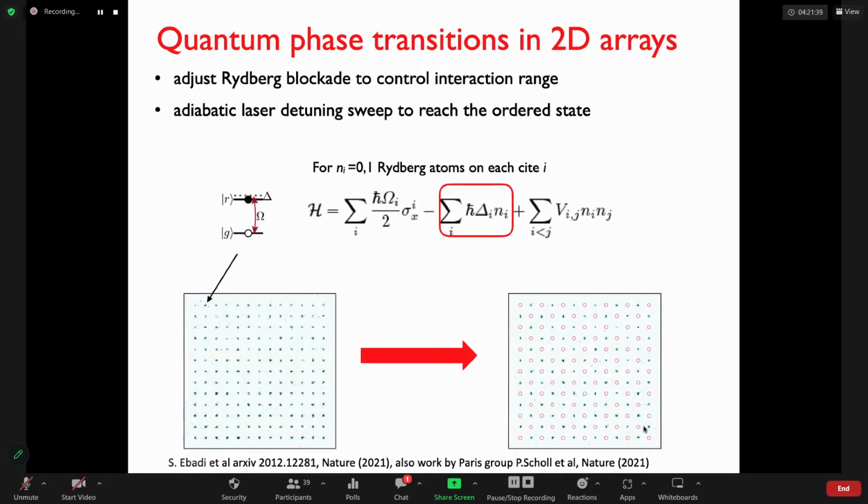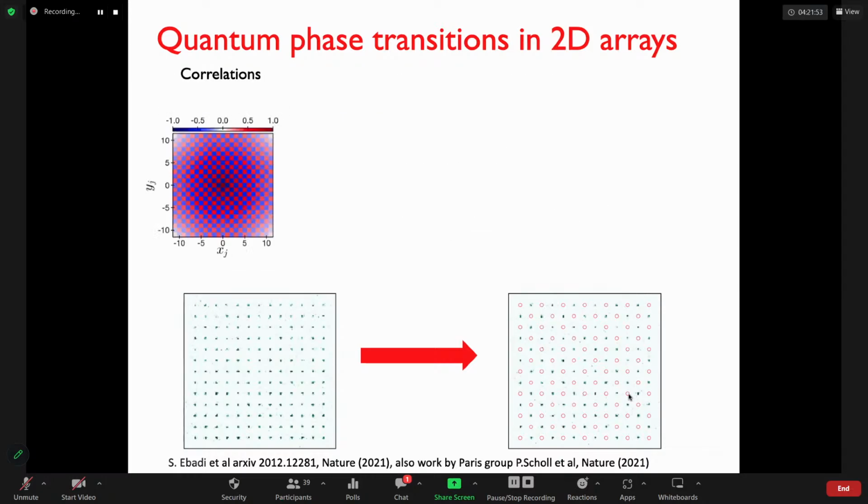Admittedly, if we repeated the experiment many times, not on every shot we see a picture like this. Often we see some kind of domain walls, and so we have to evaluate things like correlation functions. And indeed, if you look at the correlation function, what you see is antiferromagnetic order extending across the entire array.